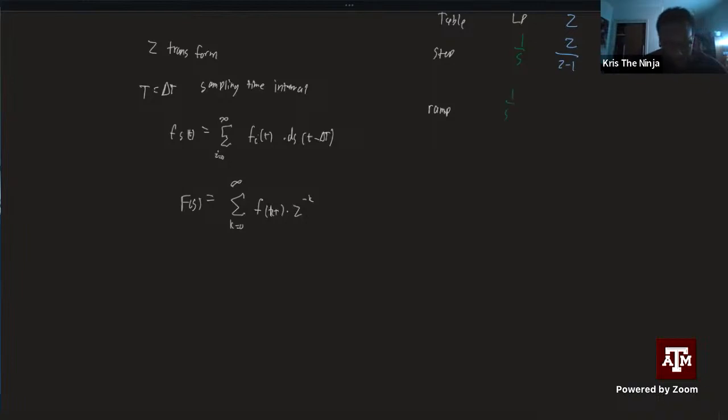Your z is Tz over z minus 1 squared. And then you have your natural function, e to the minus a t. Your Laplace is 1 over s plus a. Your z is z over z minus e to the minus aT.